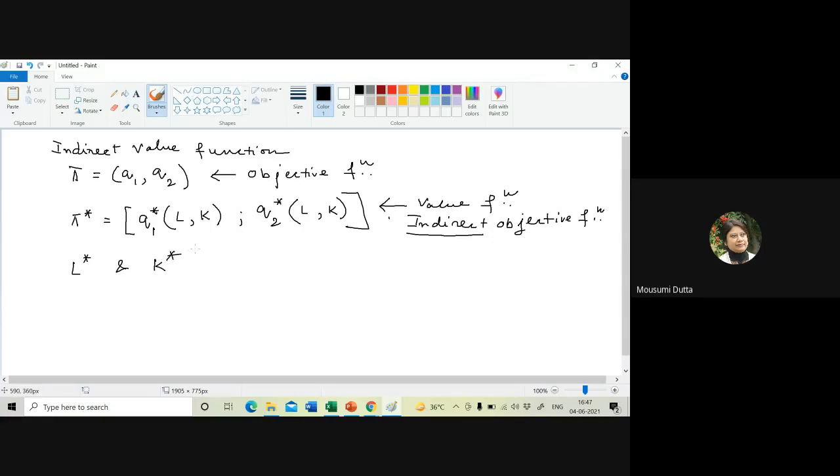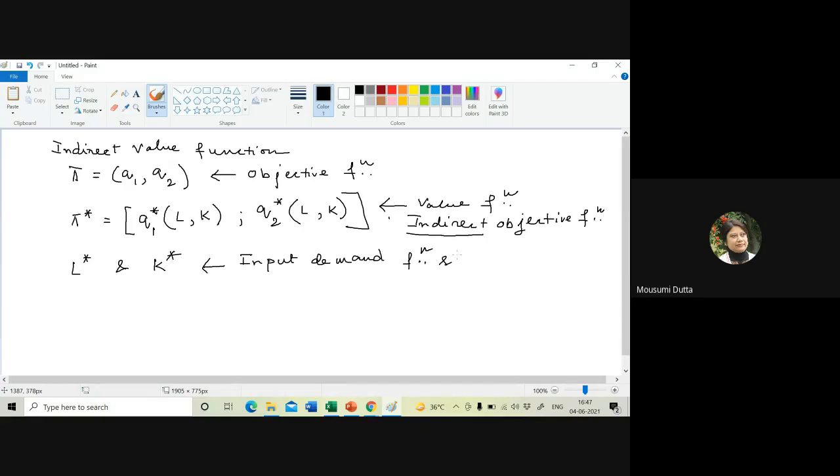I'm starting from an optimum profit, and from that profit equation, I am deciding what will be my input demand. So this will be our approach.